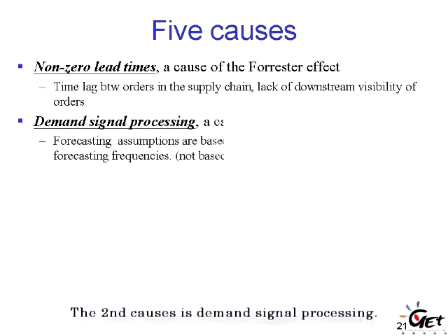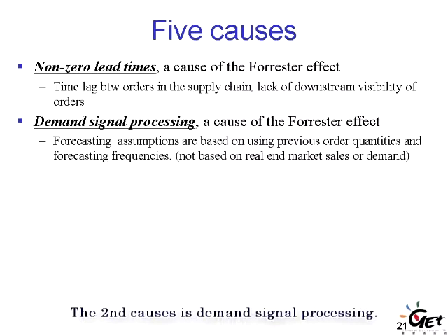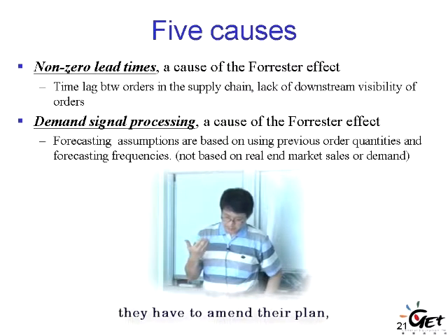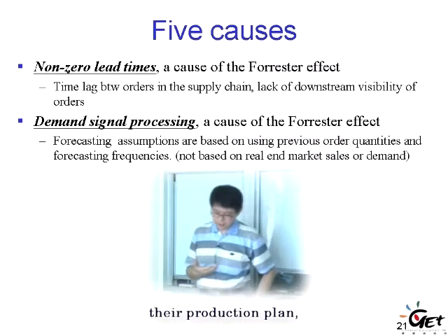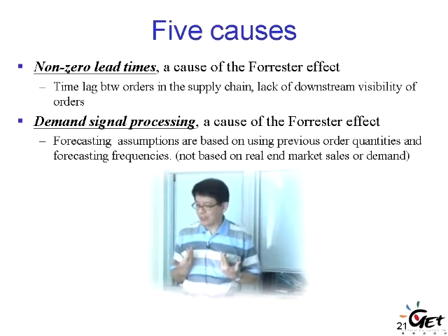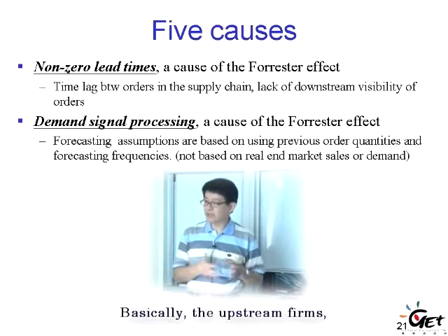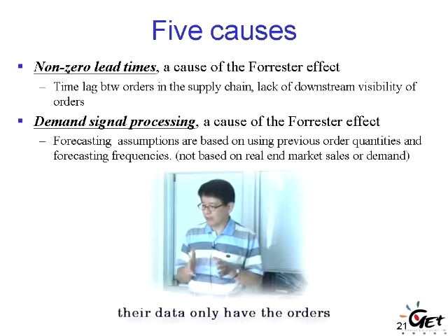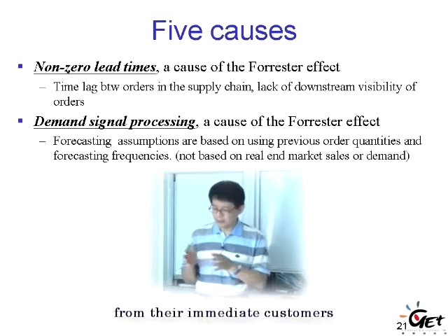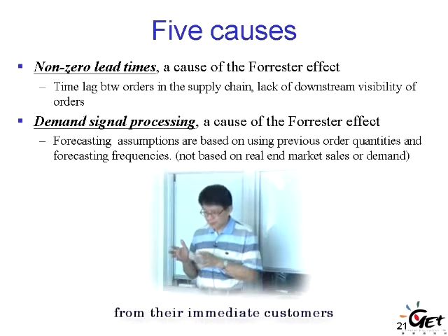Okay. The second cause is demand signal processing. Basically, each organization along the supply chain has to make its production plan, or its ordering plan, according to some data. The upstream firms only have the orders from their immediate customers.